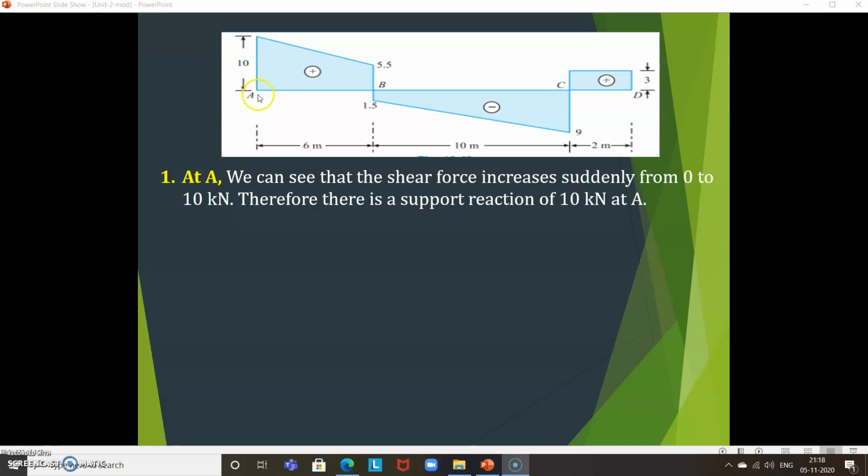That means there is a support reaction of 10 kilonewton at A. We are starting from the left side, where upward is positive, so there must be a support reaction of 10 kilonewton at A.